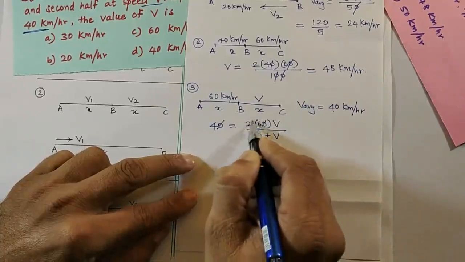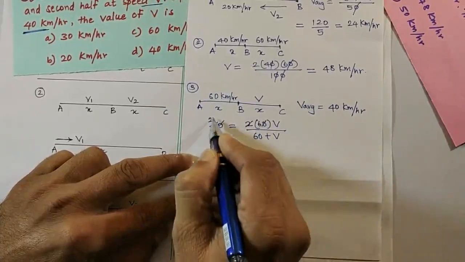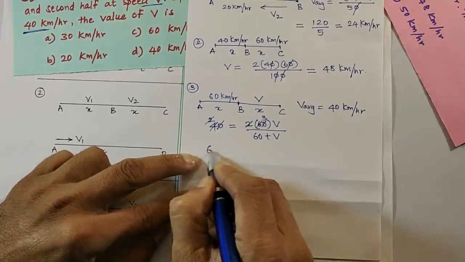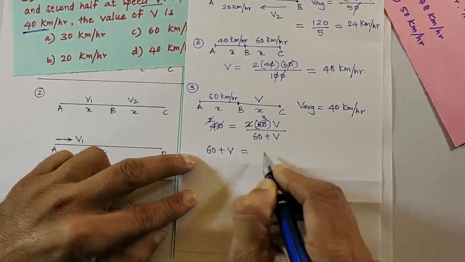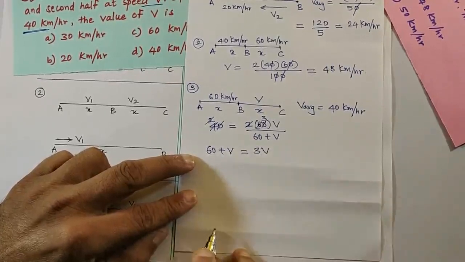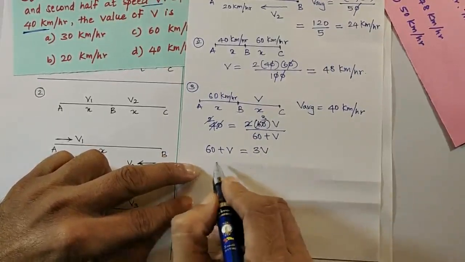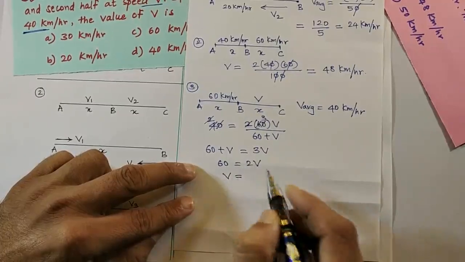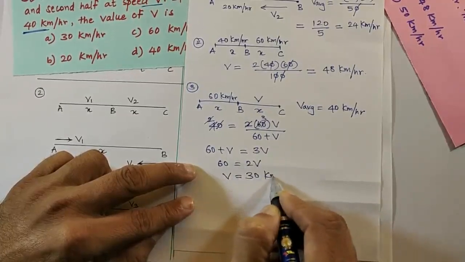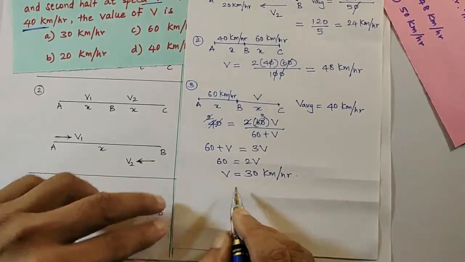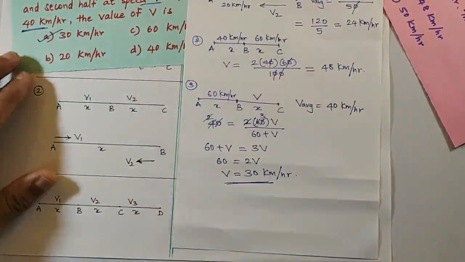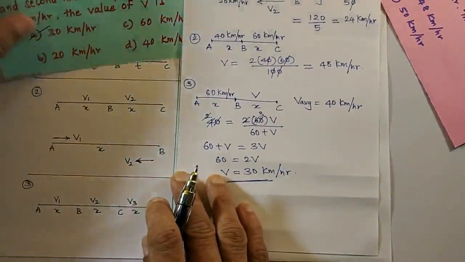So 2 2s are 4, 2 3s are 6. So if I take this to the LHS, 60 plus V is equal to 3V. So V if I take to RHS, you will have 60 is equal to 2V. Therefore V is equal to 30 kilometers per hour. So answer is 30 kilometers per hour, that is A. Answer is A. Clear, students?